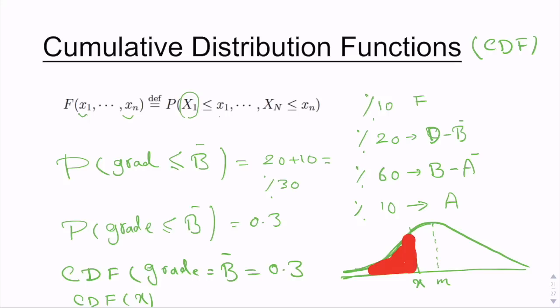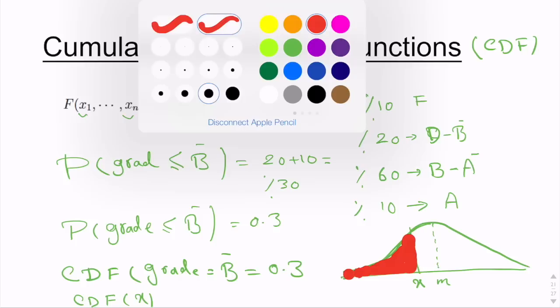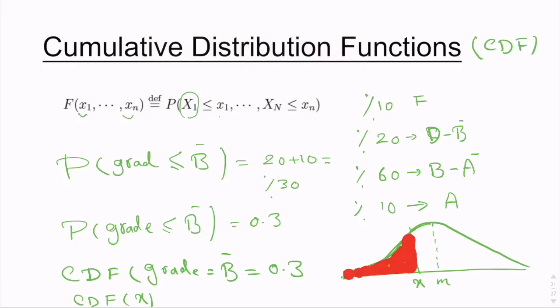That's the CDF. So basically this is the cumulative distribution function for x, equal to 0.3. That's how we compute the cumulative distribution.